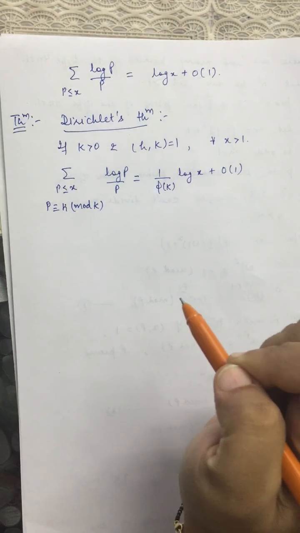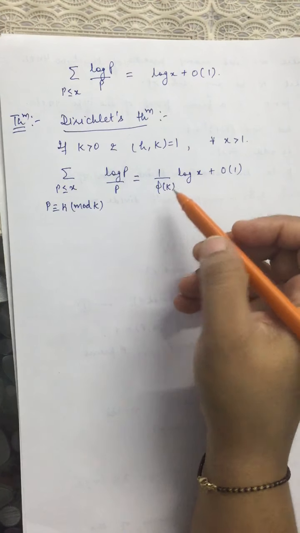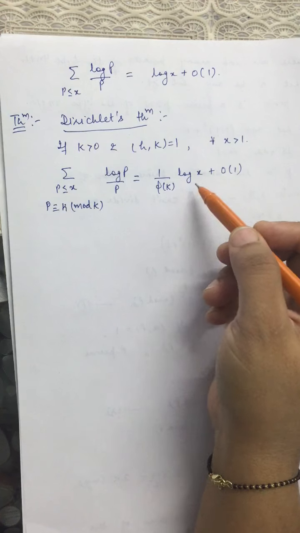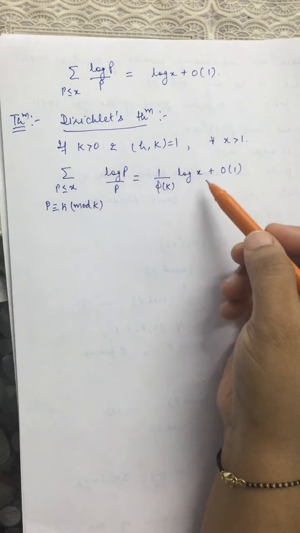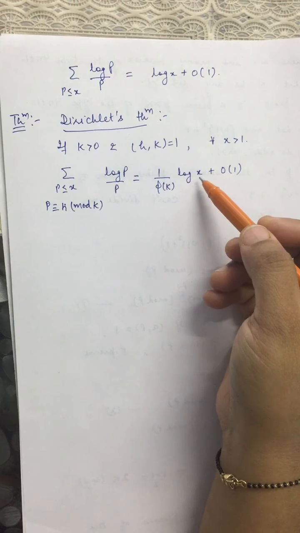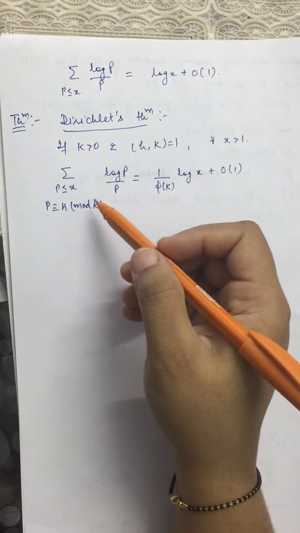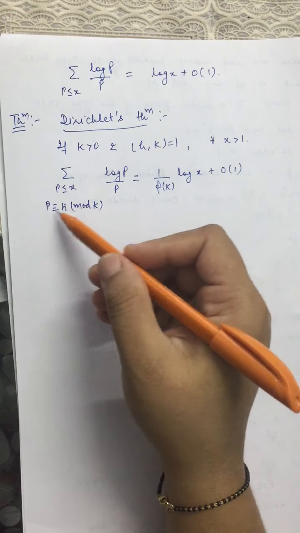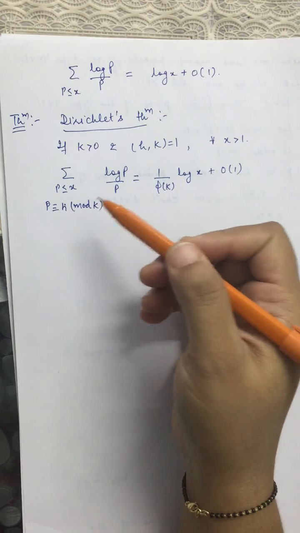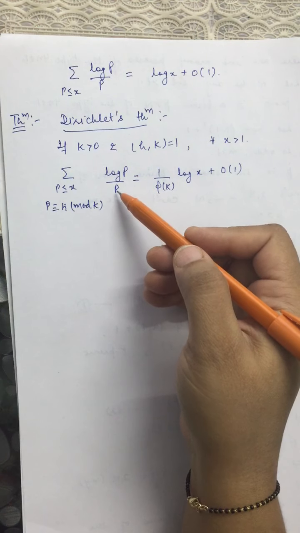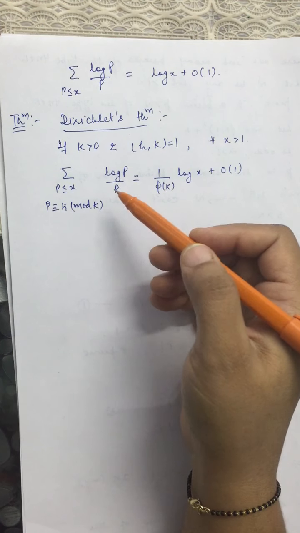Now this theorem implies that there exist infinitely many primes in the progression kn plus h, because the principal term on the right hand side is log x upon phi k. Here phi k is fixed for a fixed k, and log x tends to infinity as x tends to infinity. That means the right hand side tends to infinity. So if there exists only a finite number of such primes, then the left hand side is just a finite sum of terms of the type log p upon p. And we know log p upon p is less than 1.